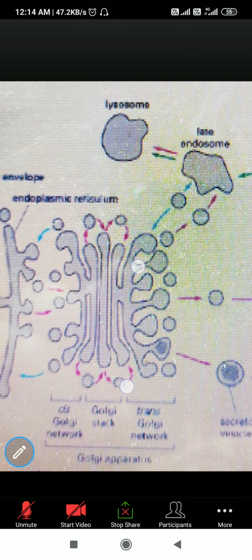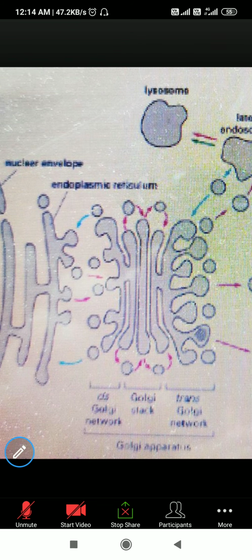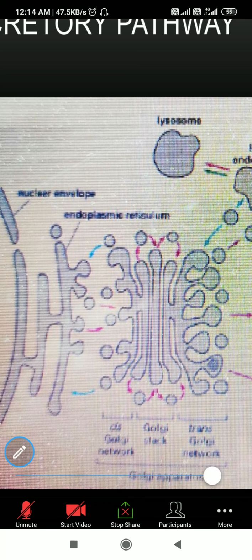As you can see here, the proteins in blue ink are moving; if by chance, in bulk transport, they come in the vesicles, then they fuse with the cis side of the Golgi body, and from the cis side they are sent back to the endoplasmic reticulum by the recycling pathway.